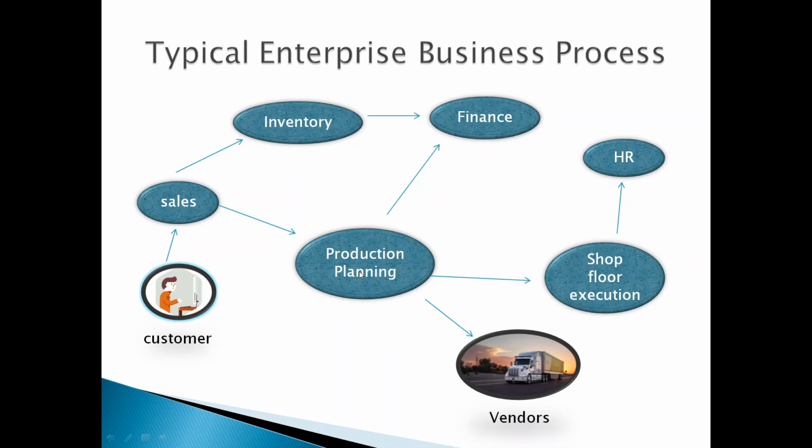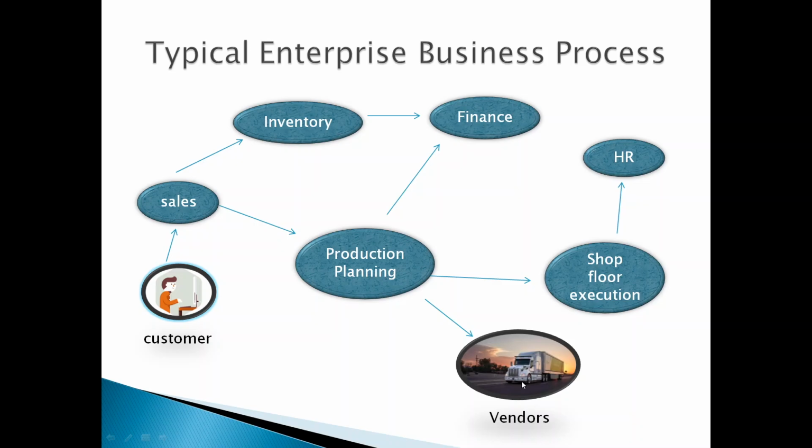The production planning team checks with the inventory department for availability of raw materials. If raw material is not available with inventory, the production planning team buys the raw material from the vendors.